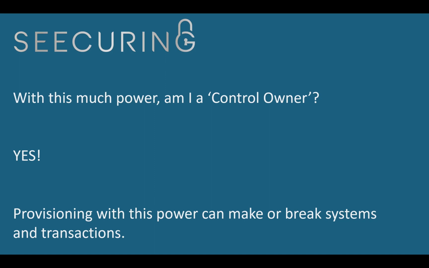So a control owner, if this is a term that's not familiar to you, you have risk. The risk is someone could create a supplier and pay them, right? If I can do that, I can set myself up as a supplier and I can pay myself, right? In a recent example, the US Army, an individual got away with $100 million.